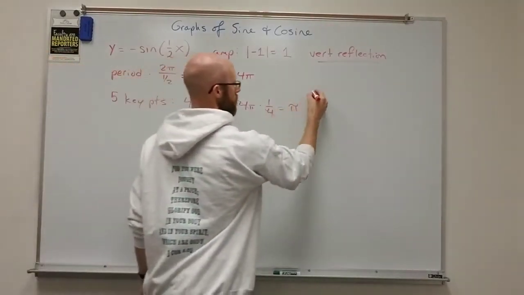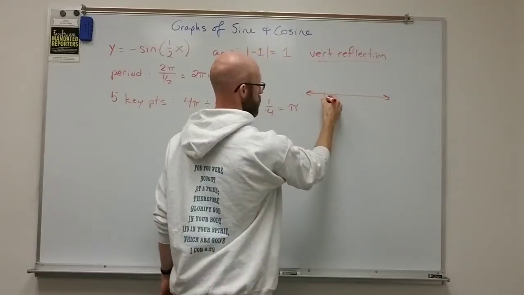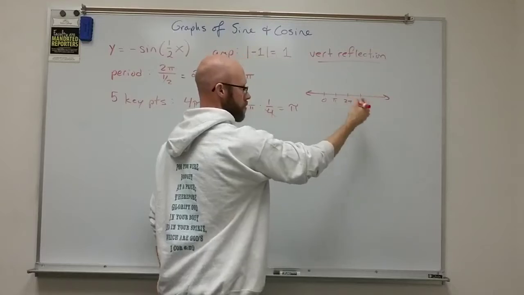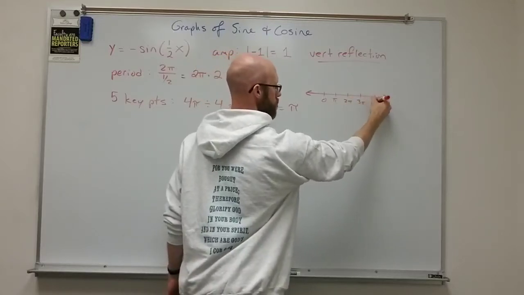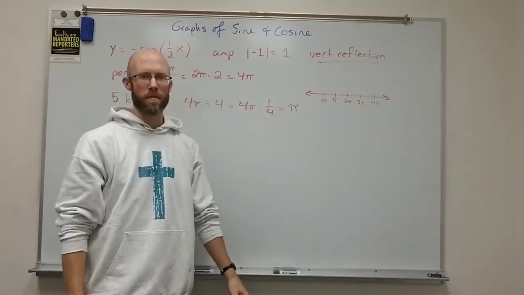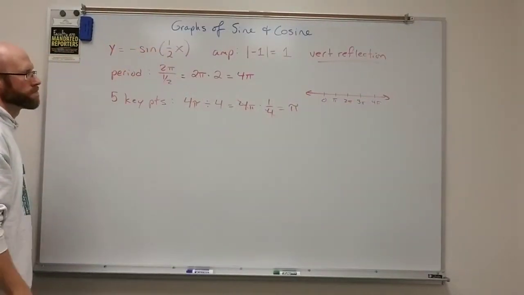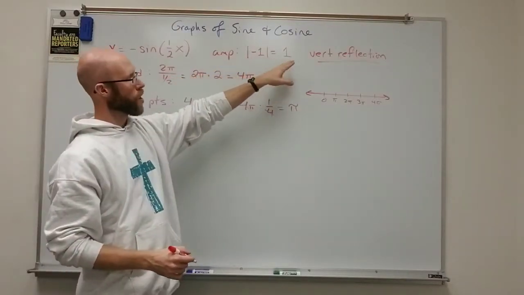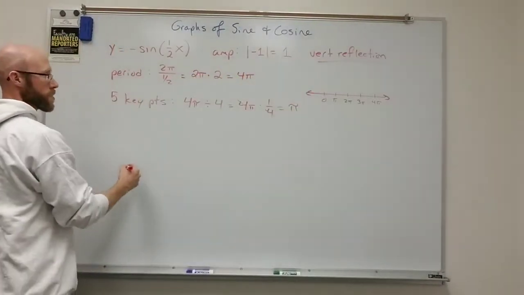So my 5 key points turn out to be 0, pi, 2 pi, because I keep adding pi, 3 pi and 4 pi. That'll give me 1 full period. And then I just have to keep in mind that the amplitude's 1, and we have this vertical reflection, so we'll deal with that in a moment.